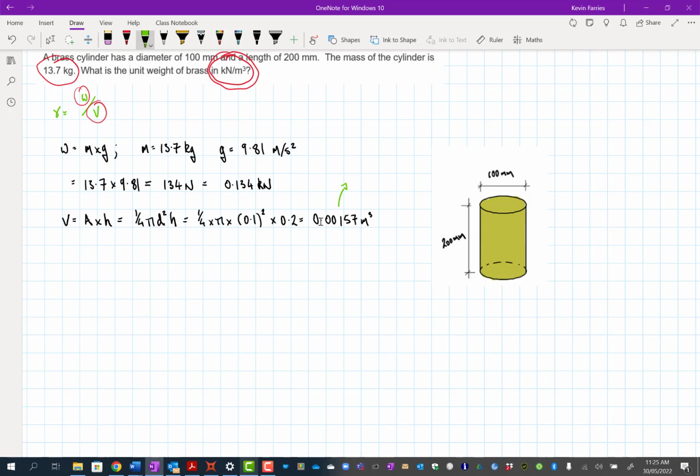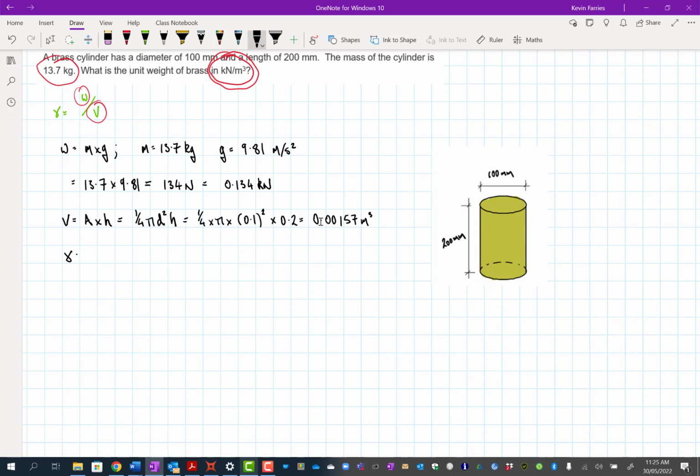You could write this in scientific notation if you want, it doesn't really matter. You just move the decimal point 1, 2, 3 places, so that would be equivalent to 1.57 times 10 to the negative 3 meters cubed. But I'm happy enough to write it out in long form. So we've got our volume now, we've got the weight, so we've got everything we need to calculate the unit weight.